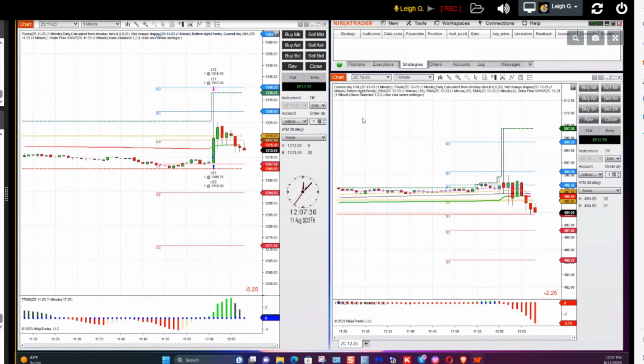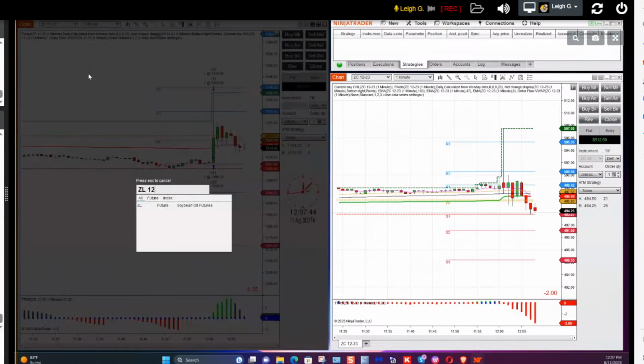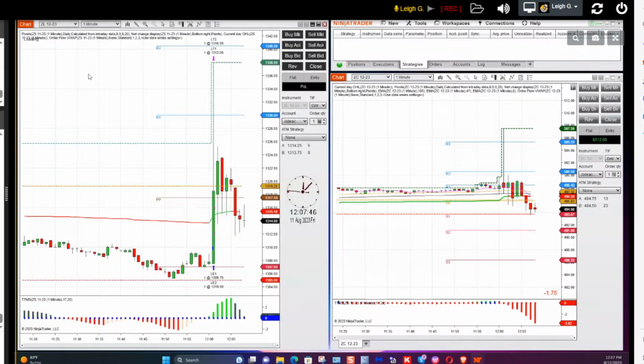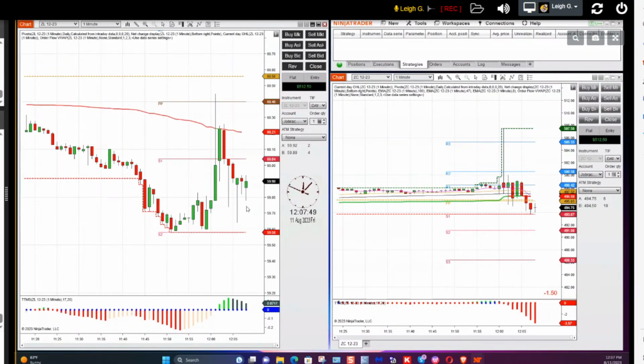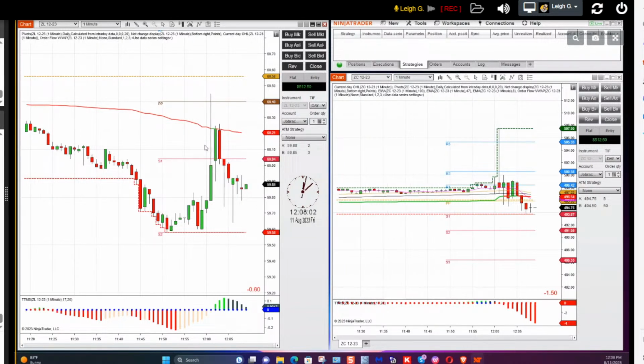So Donald found us the ZL trade. ZL is 1223. It's just another future, but it's soybean oil. And look, it had a big burst up, just like corn did, and just like soybeans did. Now, what's interesting is on the NOPA trade, soybeans don't mirror soybean oil.